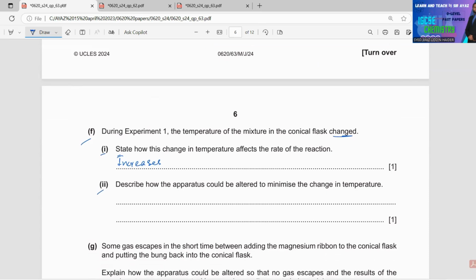You can use a water bath and stand the flask on it at initial temperature.